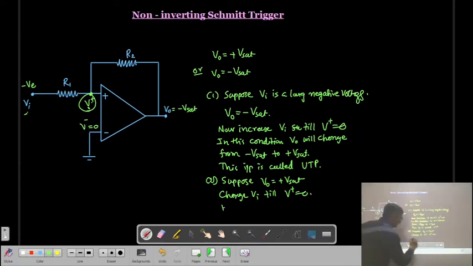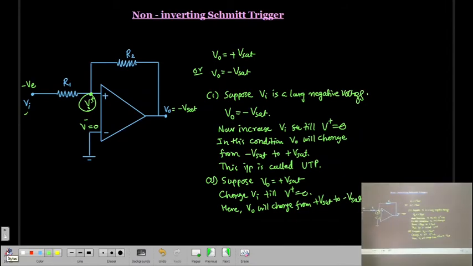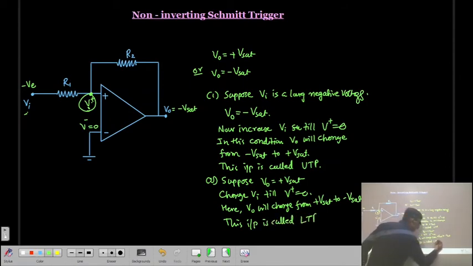And here the output will change from plus V saturation to minus V saturation. This input is called the LTP.